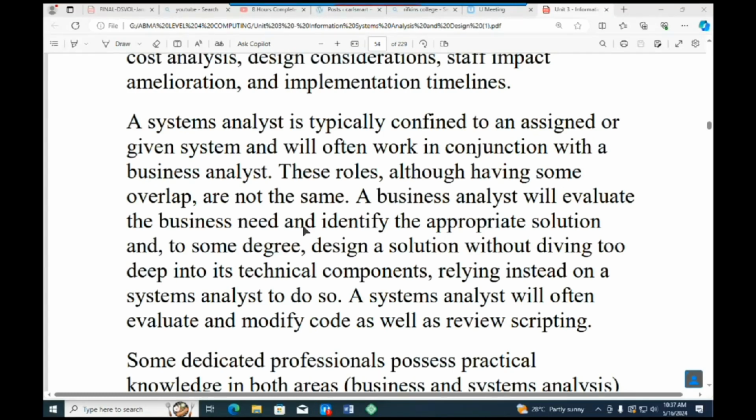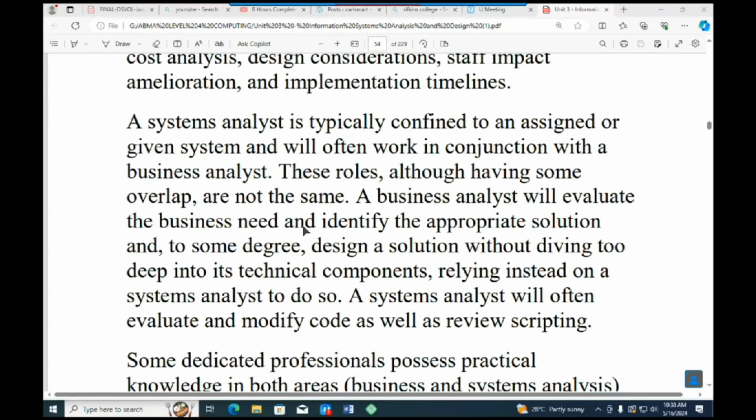Because the business analyst is just going to look at the business need and identify the appropriate solution, and is also going to look at, to some extent, a design solution. But the business analyst is not going to dive deep into the technical components of that particular solution.